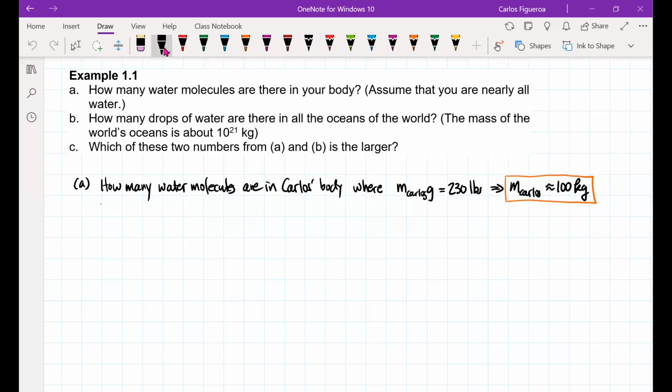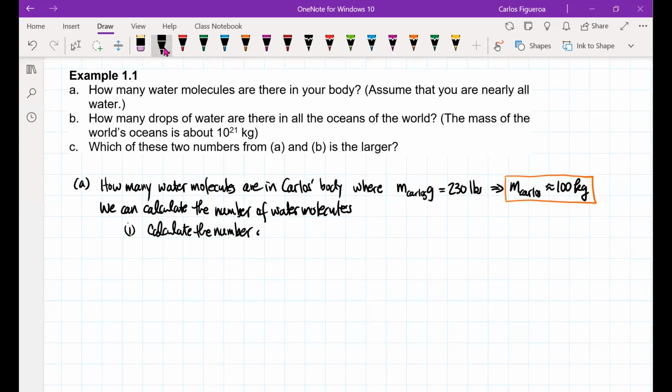So we can calculate the number of water molecules using two steps. The first step is to calculate the number of moles for Carlos.